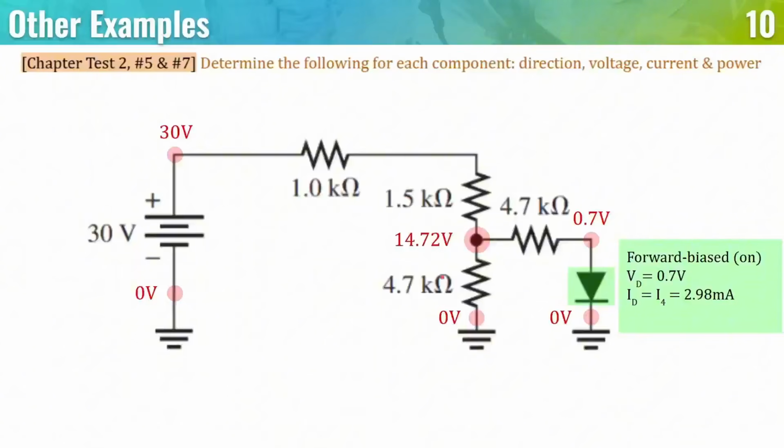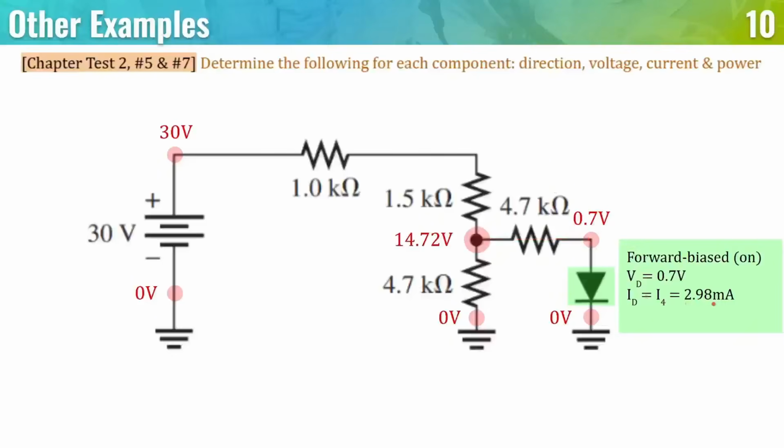Now that we have figured out the node voltage here, we can compute for all of the required variables. Here we have the forward bias diode. Its current would be the same as the current flowing across R4, resistor 4.